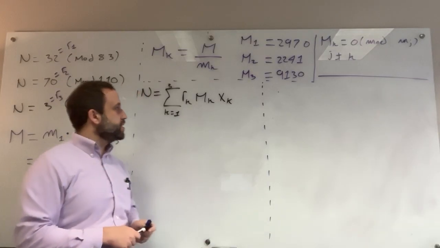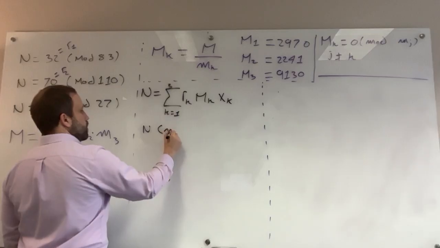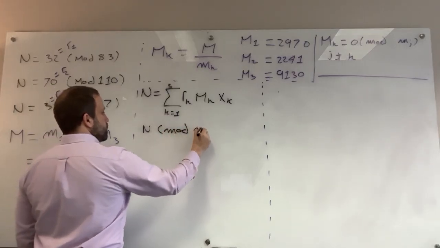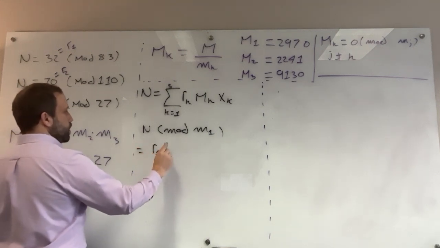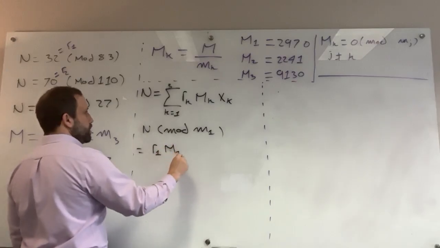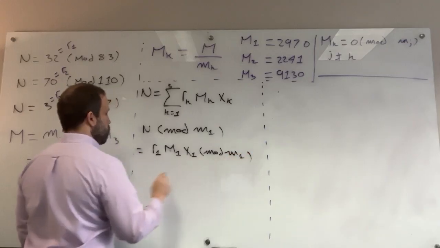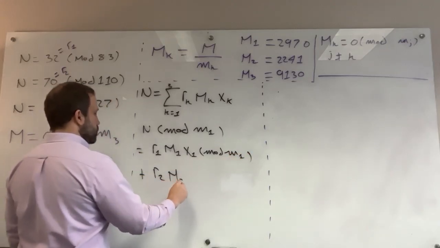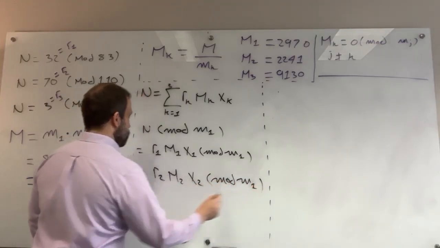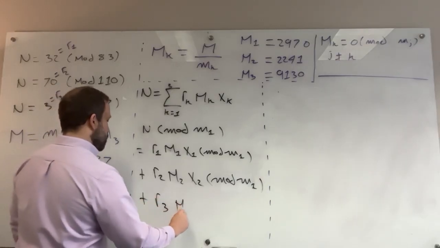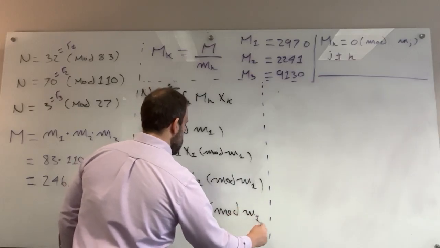Okay, that's a very brief explanation. A slightly less brief explanation is if I want to think about n mod m1, then this is going to be equal to R1 times big M1 times X1 mod m1 plus R2 times M2 times X2 mod m1 plus R3 M3 X3 mod m1.